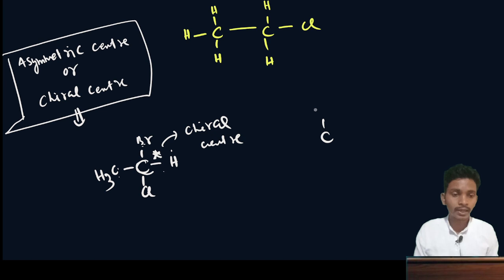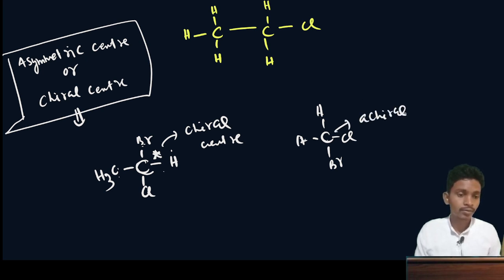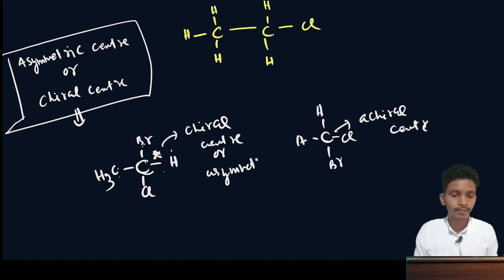Let's say if the atoms here are H, but here Br, here Cl, then this carbon is not a chiral center because two atoms are the same. So when all four atoms are different, in that case it is a chiral center. This is a chiral center or asymmetric center.